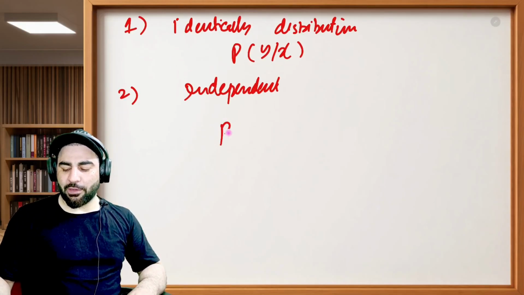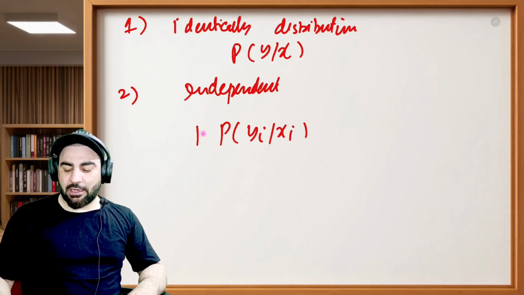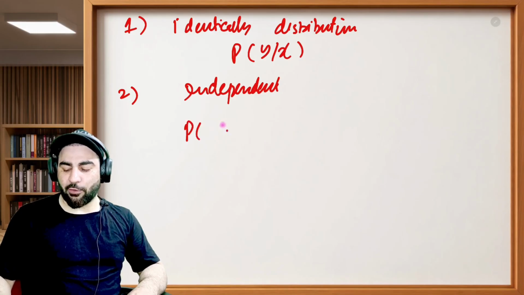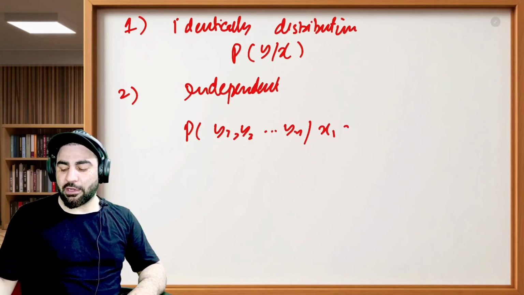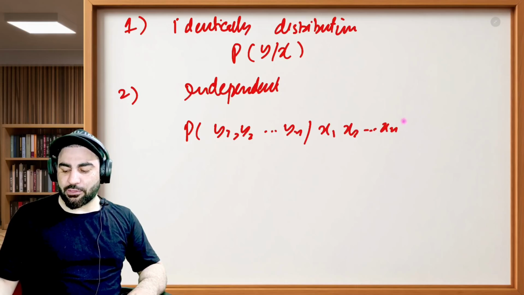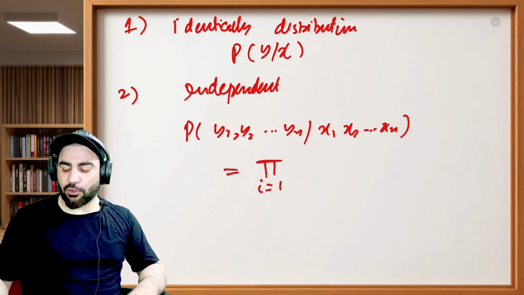Consider the probability of y1, y2, till yn given the points x1, x2, till xn. By independence of probability, I should write this as a multiplication: the product for i from 1 to n of the probability of yi given xi. This is the meaning of independence.